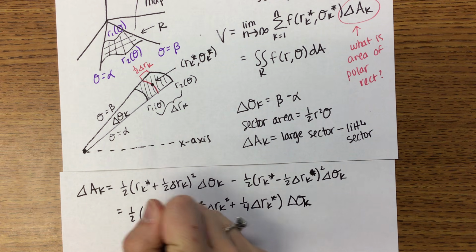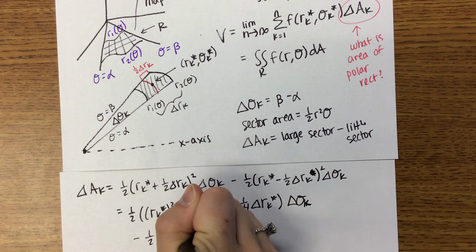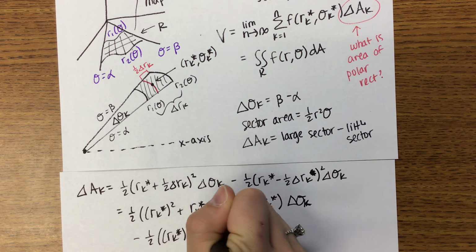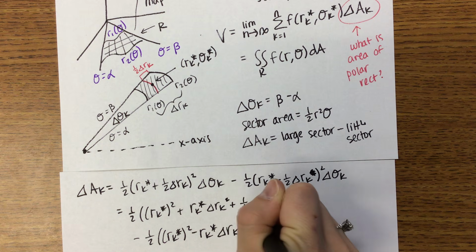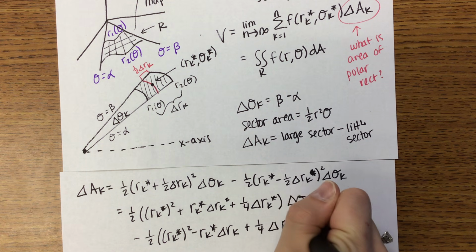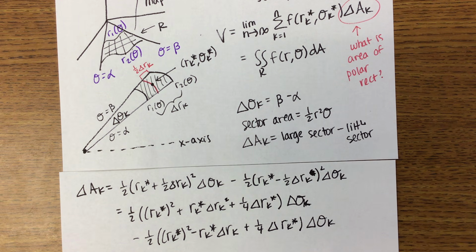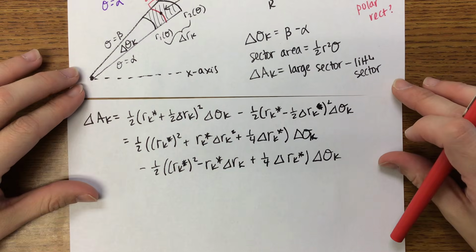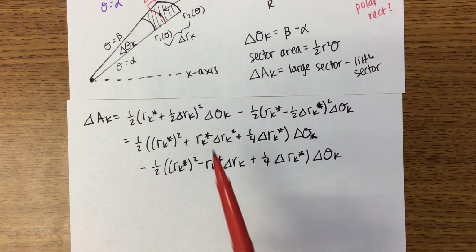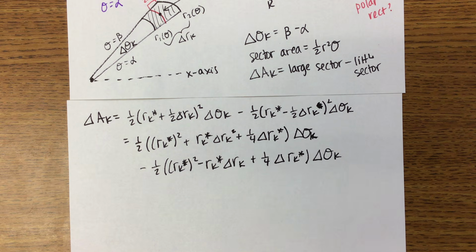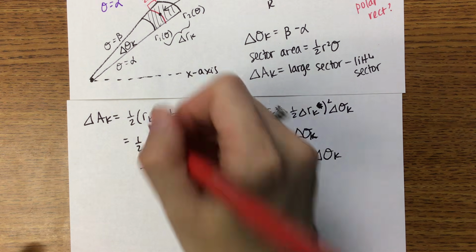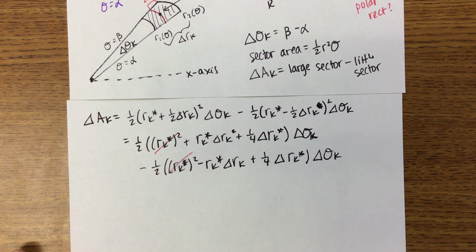Minus 1/2 R of k star squared minus R of k star delta R of k plus 1/4 delta R of k star times delta theta of k. Okay, we're almost getting there, I promise. So all I did was square this out. Now we got to combine like terms. Things to notice though is that these two are going to cancel out. These two are going to cancel out.